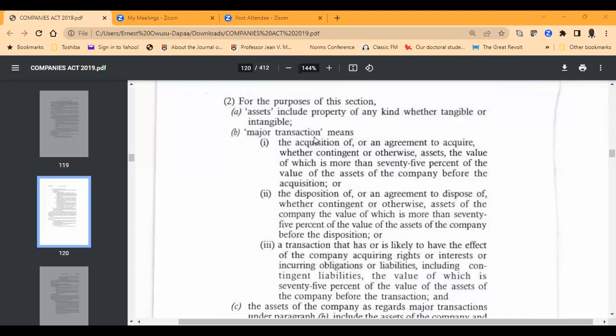Yes, who will add to that? Yes, Kofi. What comes to mind is that with special resolutions, it doesn't come at a general meeting.